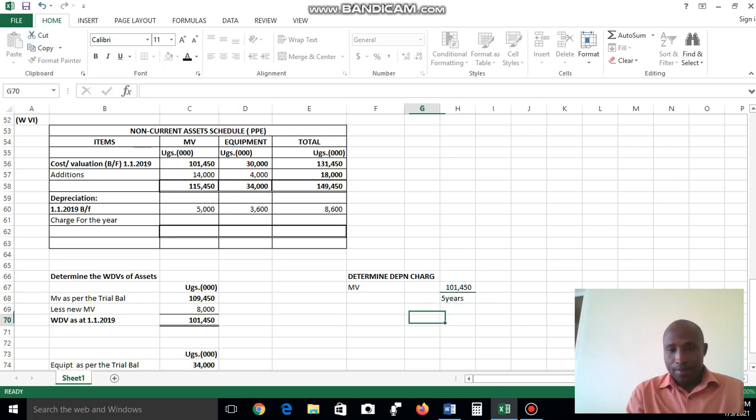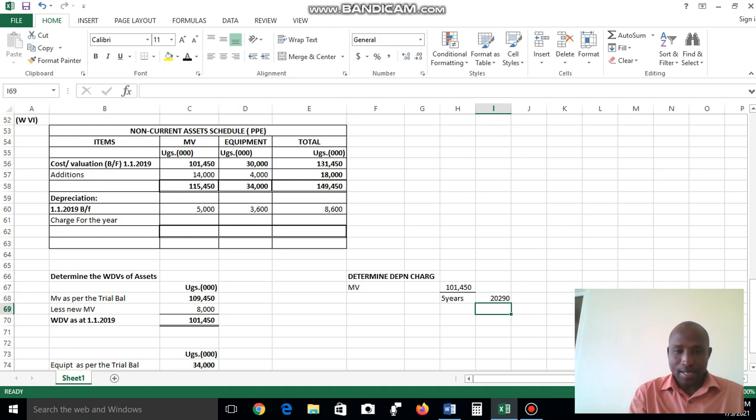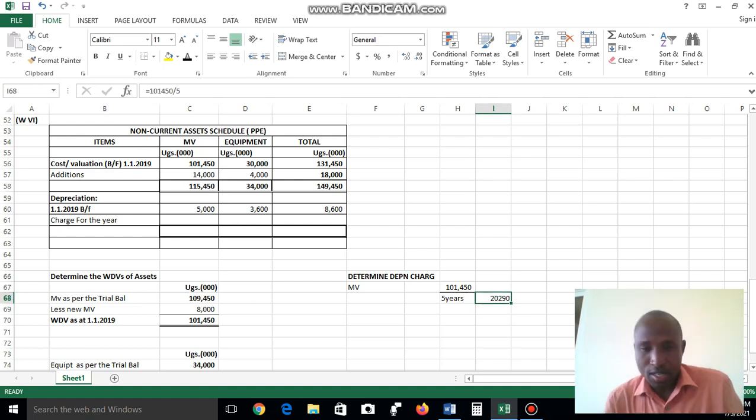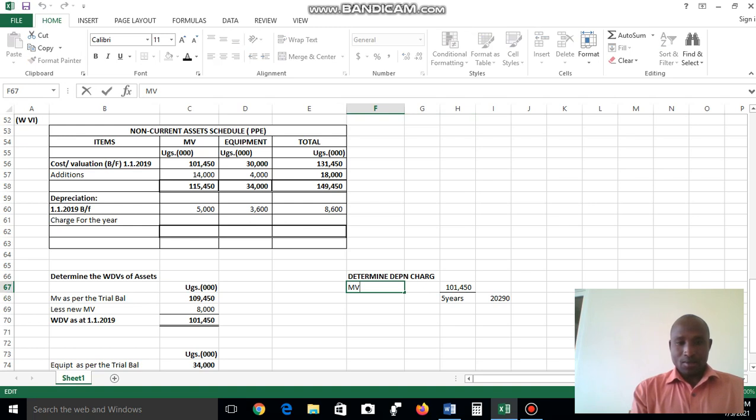Okay. Then here, what we shall get is 101,450 over 5. So we shall get the depreciation for the old motor vehicle, the old MV.